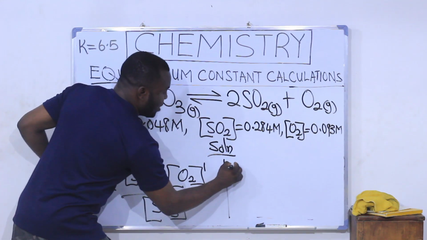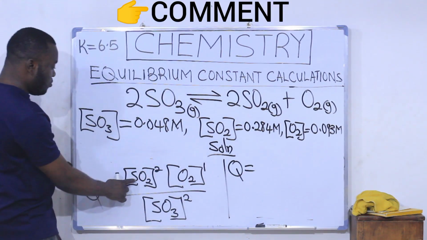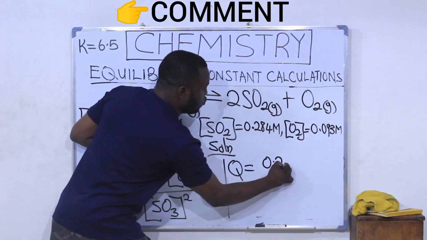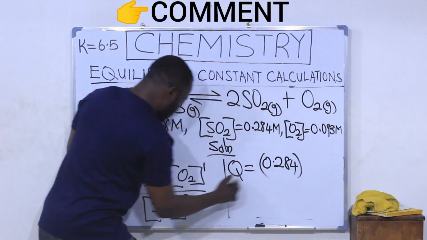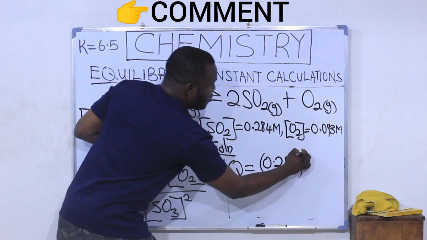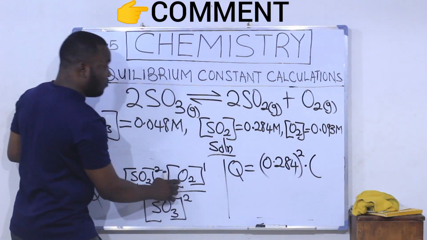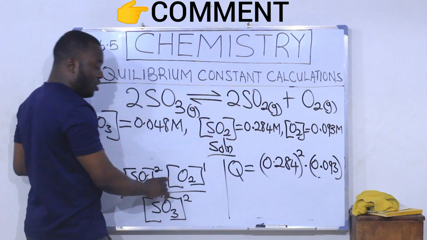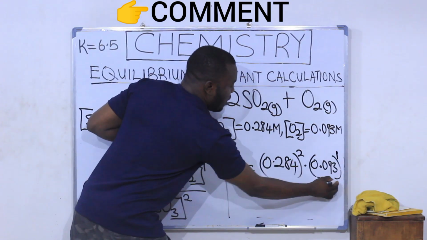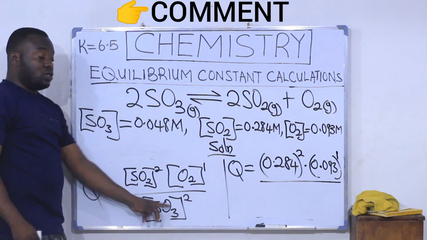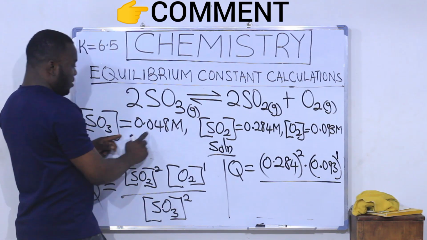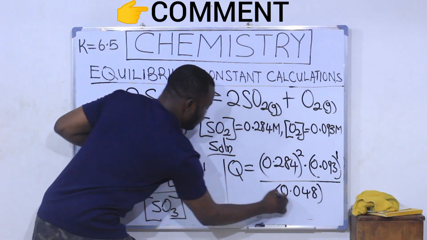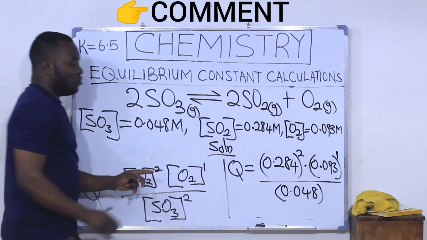If you do this, your Q will be equal to SO2, given as 0.284, raised to the power of 2 from the equation, times oxygen, given as 0.093, raised to the power of 1, over SO3, which is the reactant, with concentration 0.048, raised to the power of 2, according to the formula.